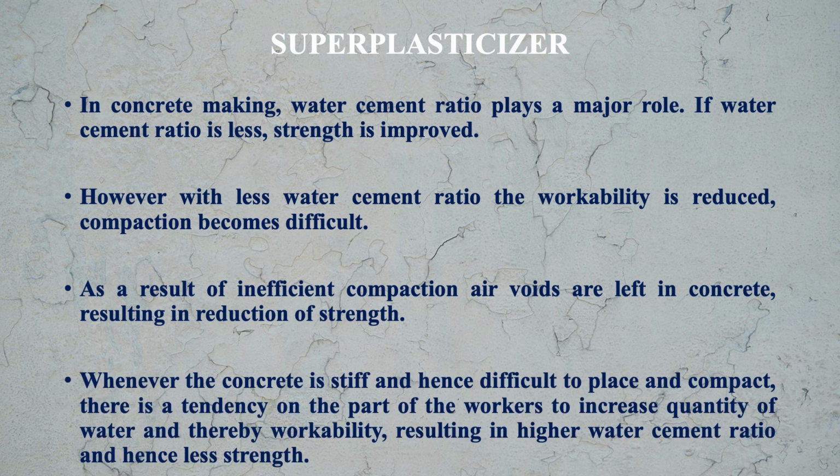Whenever the concrete is stiff and hence difficult to place and compact, there is a tendency on the part of the workers to increase the quantity of water and thereby workability. But what will be its effect? Higher water cement ratio will be there and hence less strength of concrete.